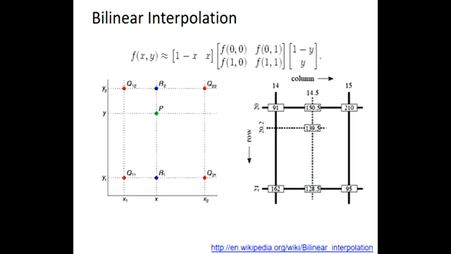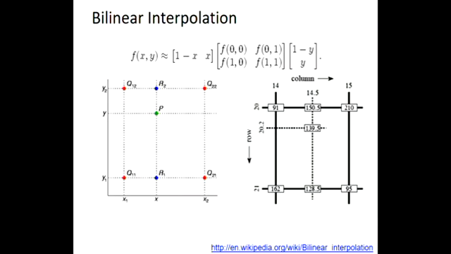And then I can interpolate in the y direction. So since it's closer to the top than the bottom, I have 80% of the weight from this value and 20% of the weight from this value. So you want more weight the closer you are to a pixel. And then I can just write this simply as a bilinear matrix operation.